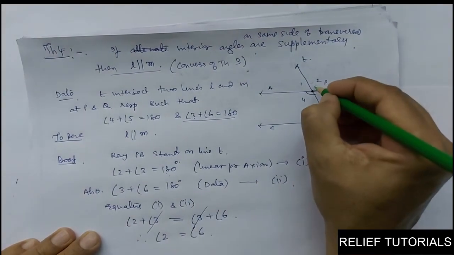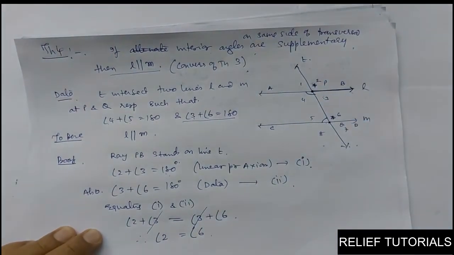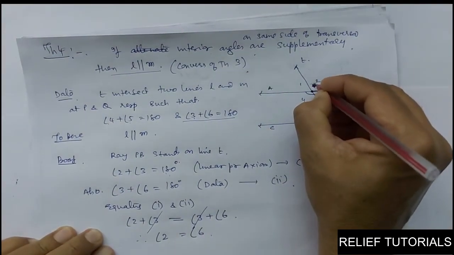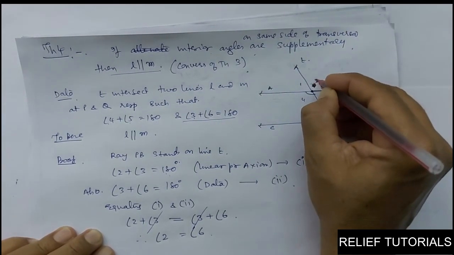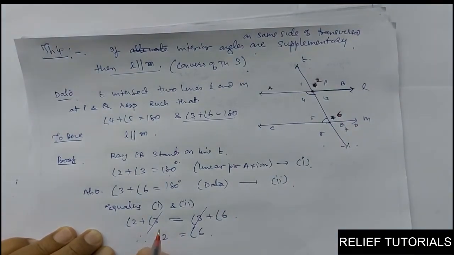Now you see, this is angle 2 and this is angle 6. Can you see this? This is angle 2, this is angle 6. What are they? They are corresponding angles, and corresponding angles are equal.